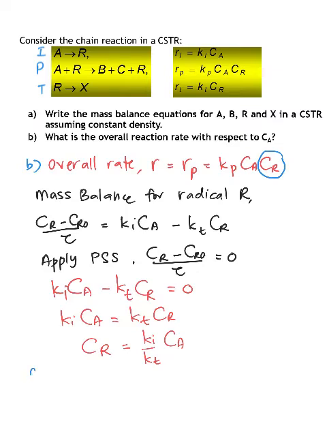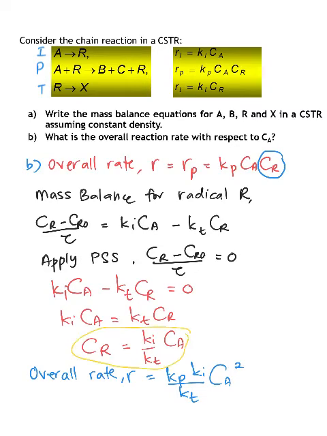So overall rate R equals KP KI per KT CA square. How do we get that?